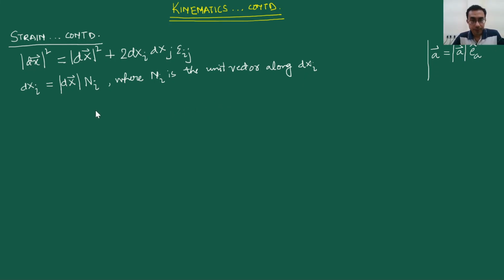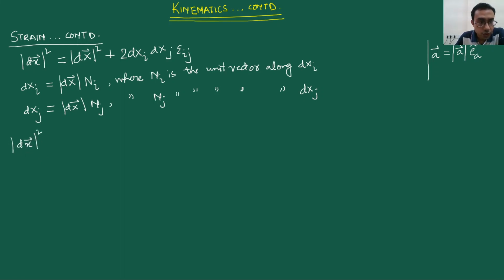Okay. Similarly, we have for dxj, d capital X vector magnitude times nj, where again nj is the unit vector along dxj.